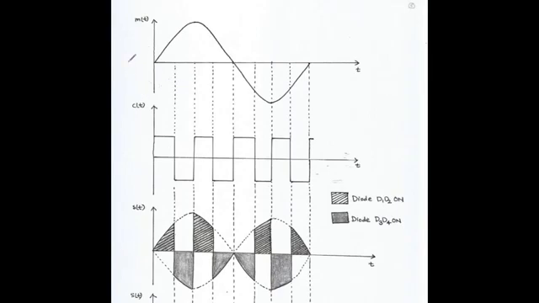Here we consider an arbitrary message signal, but it is a sinusoidal one, taking positive half and negative half, and the carrier wave is a square wave. The output of a ring modulator is the product of message and carrier. So the first pulse of the square wave carrier is multiplied by a positive half cycle of the message, and we get a positive output.